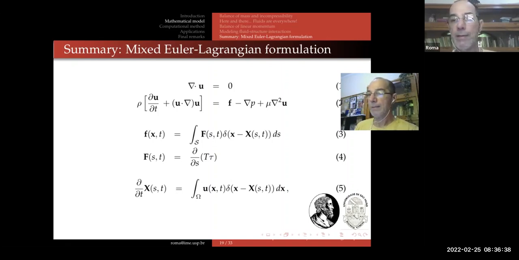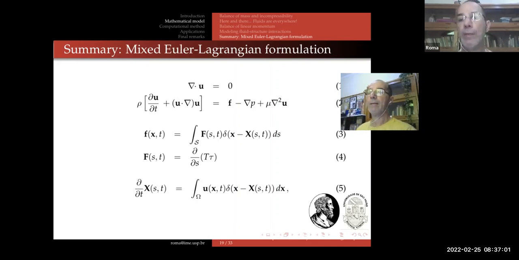But it needs one equation, which is the equation that gives us how this immersed structure flows with the fluid, okay? So here I have the Lagrangian velocity for the immersed structure points, right?